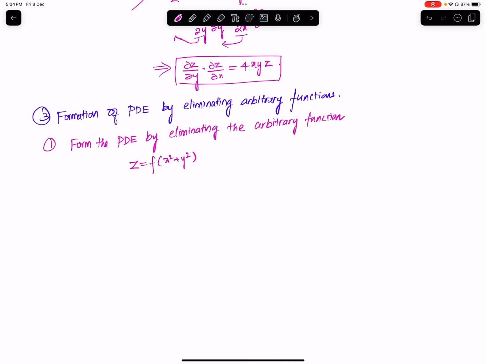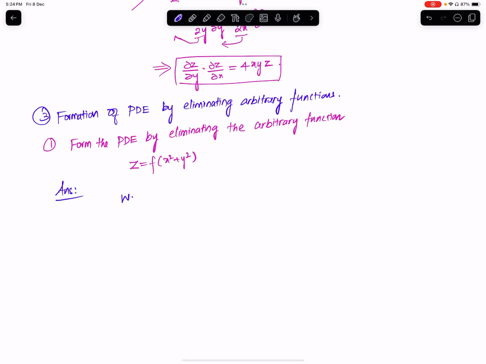Like the previous one, here also we are going to differentiate with respect to x and y.